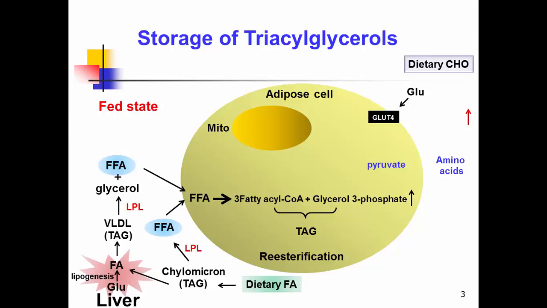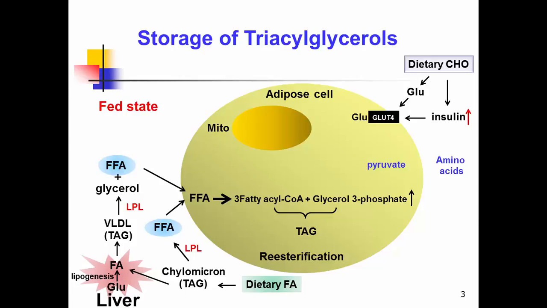And also we know that the diet contains carbohydrate, so we also take in glucose. Fat cells are also able to take up glucose and metabolize it through the glycolysis pathway. And this uptake process is stimulated by insulin, if you still remember, we talked about this before.